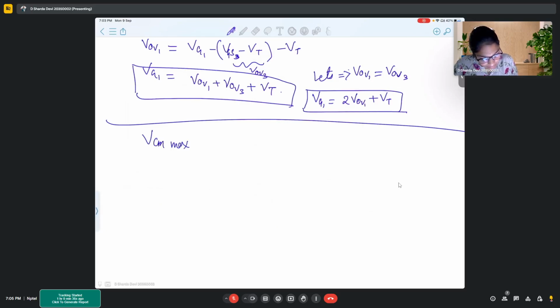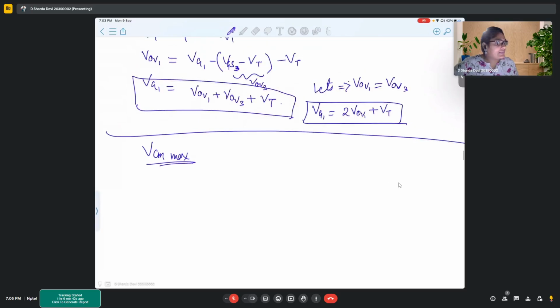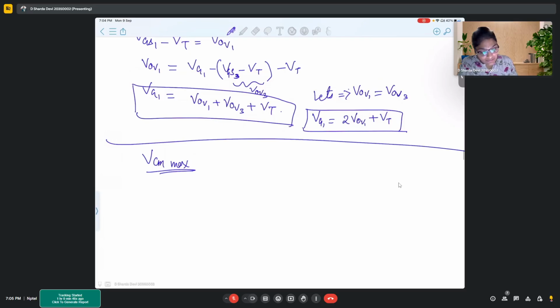VCM max is the maximum VCM voltage that can be applied across the transistor such that it remains in saturation.